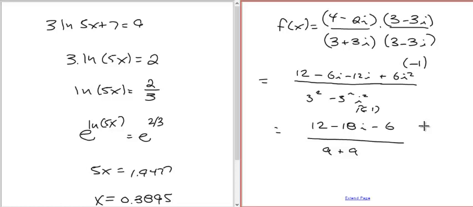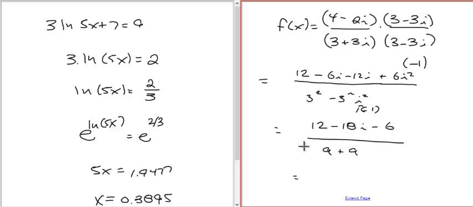The first and the last terms are the ones that don't get canceled out, and they both become real because of the i squared. Two imaginary numbers multiplied together give you a real number. So the rest of it is just simplification.